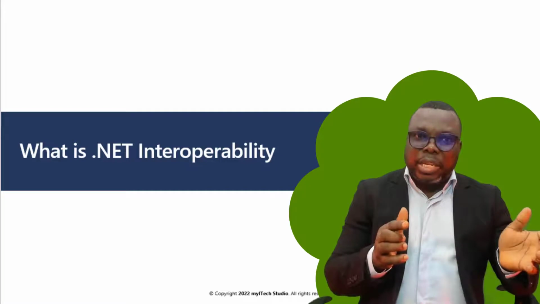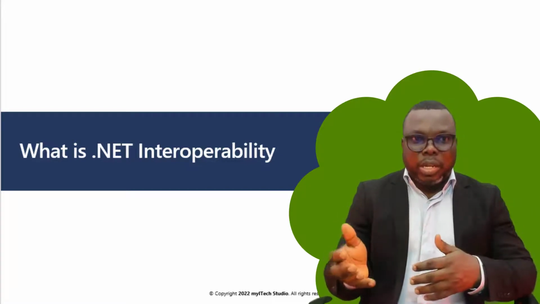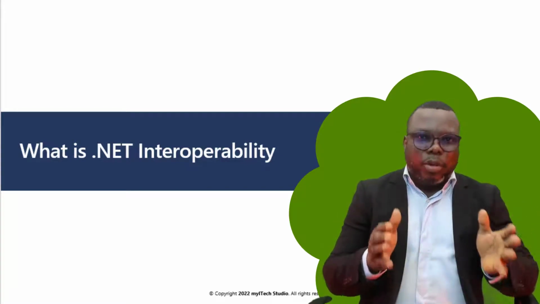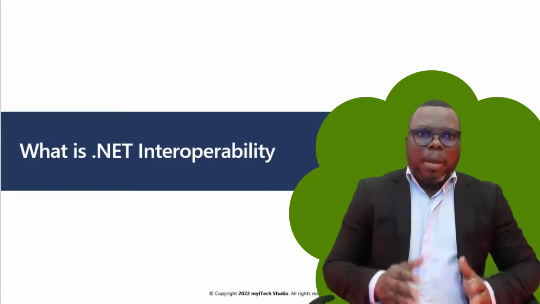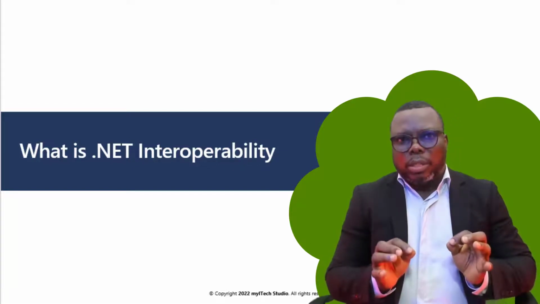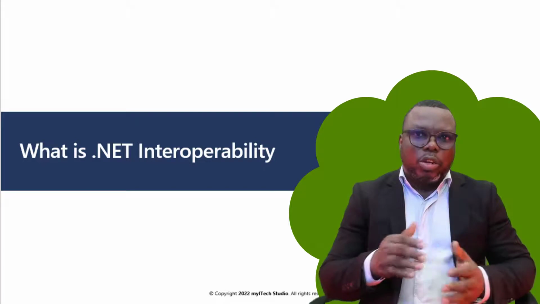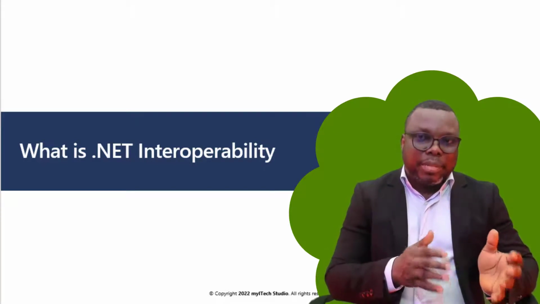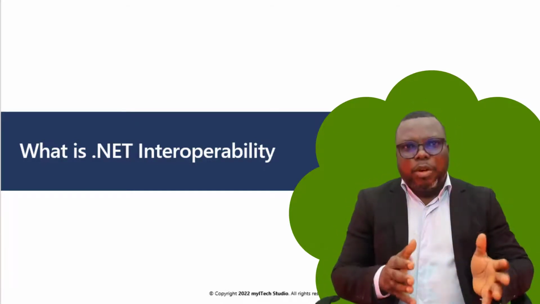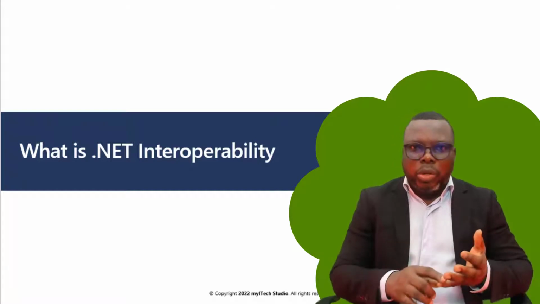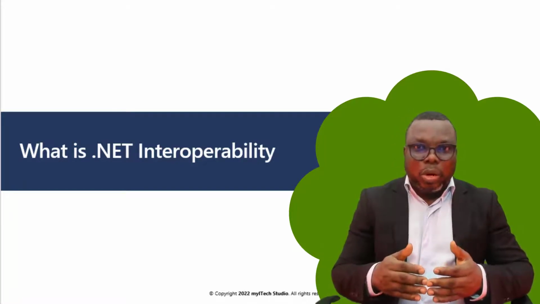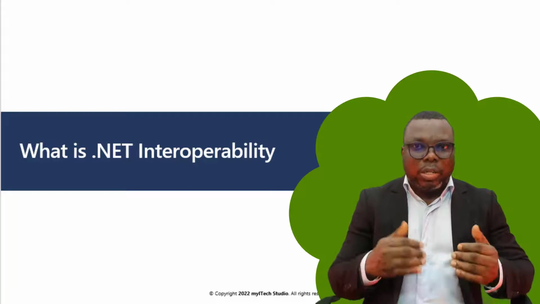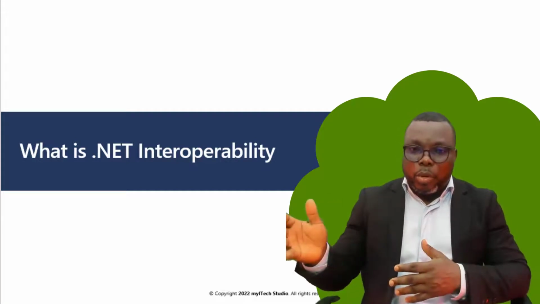I mentioned managed and unmanaged code. So those are the types of code in this context. Managed code is a code that runs under the control of the Common Language Runtime (CLR). Examples of managed code are Mono, .NET Framework, or .NET Core, or .NET 5 and above.